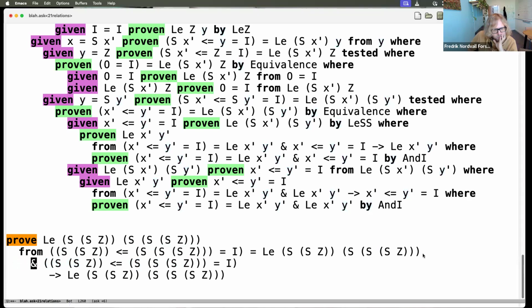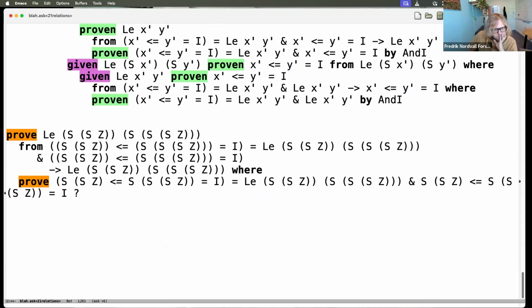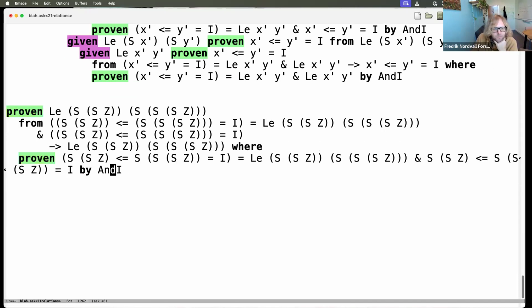So big old search and replace to do a substitution. And now what have I done wrong? Oh no, hang on, it's fine. I think that's fine. I just need to do and introduction. Yeah. And that's it.